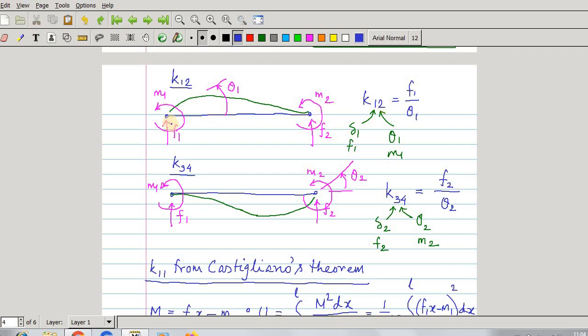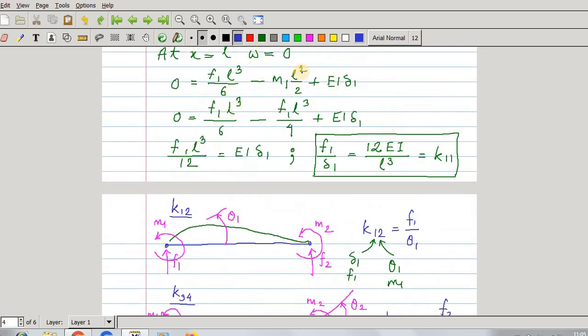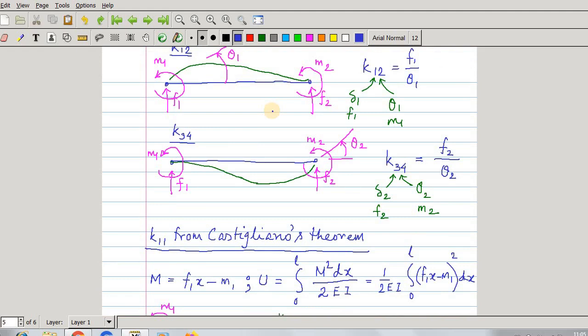So for K12 it is F1 by theta 1. That means force at node 1 is F1 due to unit displacement at node 2, that is theta 1. So in the same way you can find out F1 by theta 1 and get the value of K12.